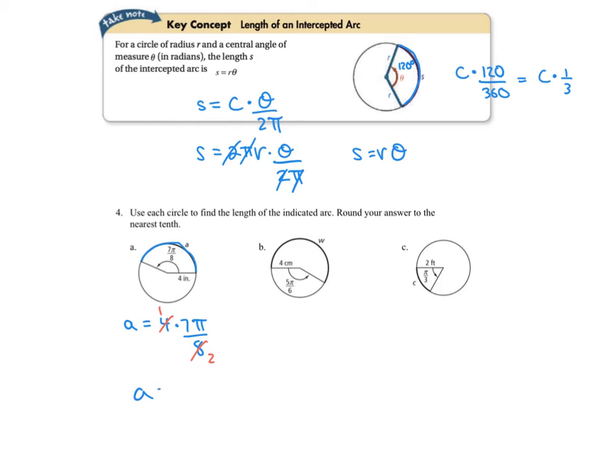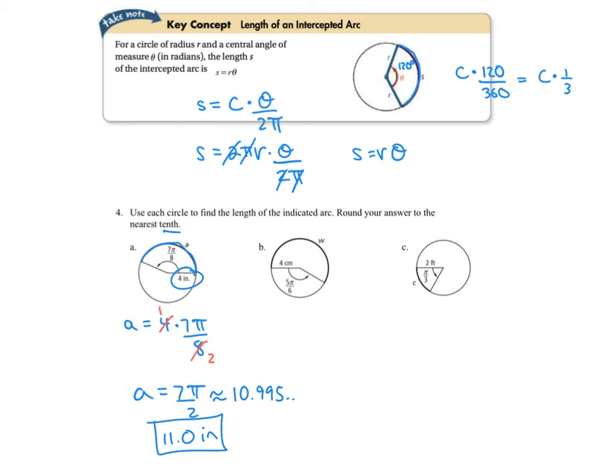And we get a equals 7 pi over 2. And if you plug that in your calculator to get a decimal approximation, it's about 10.995, but it says to round to the nearest tenth, so we're going to get 11.0, and this is in inches.